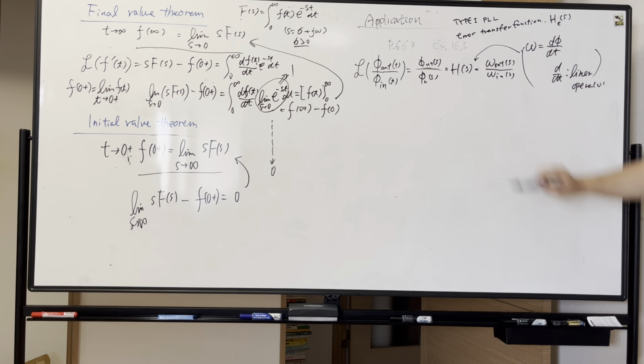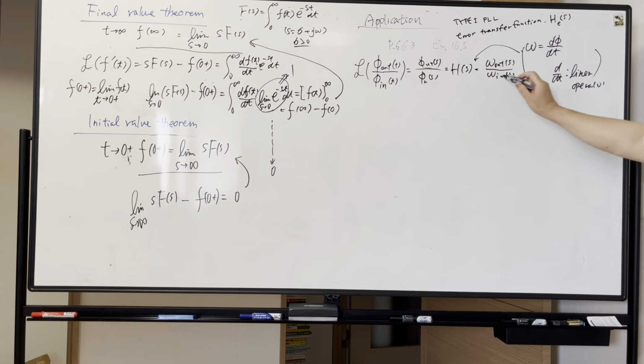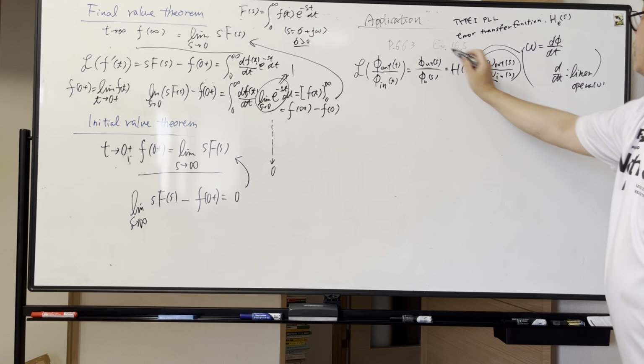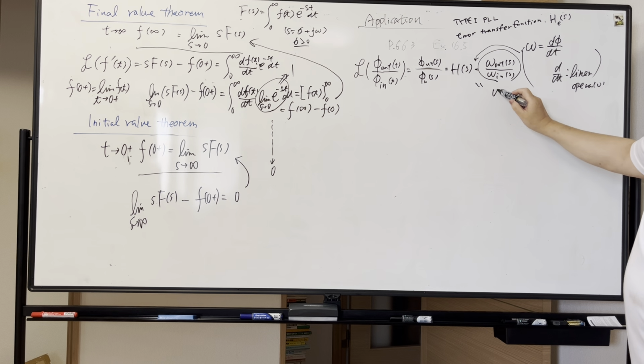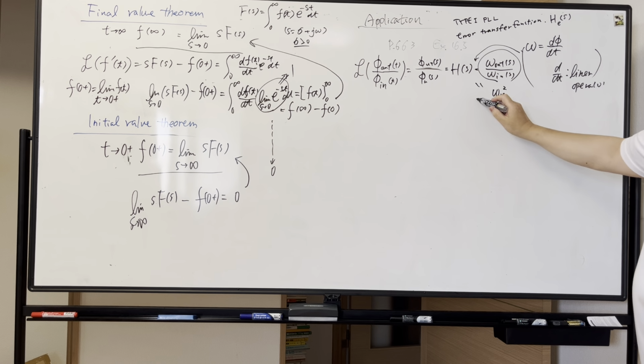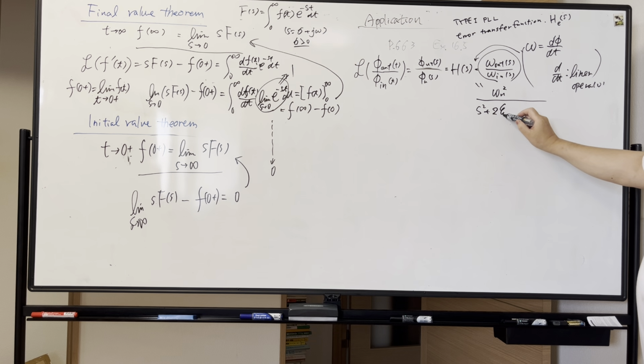So we know that H of s equals omega natural frequency squared divided by s squared plus damping factor zeta times omega sub n times s plus omega sub n squared.